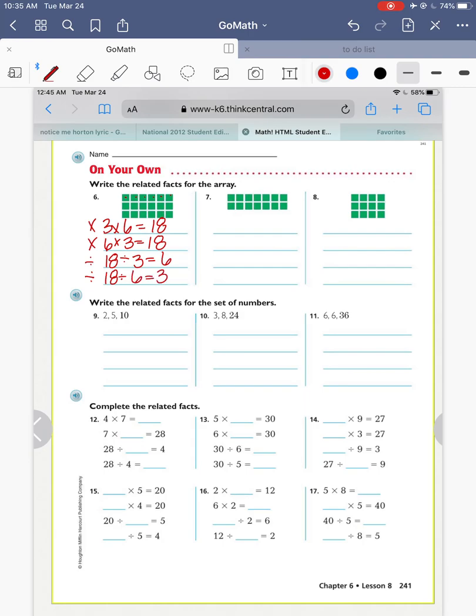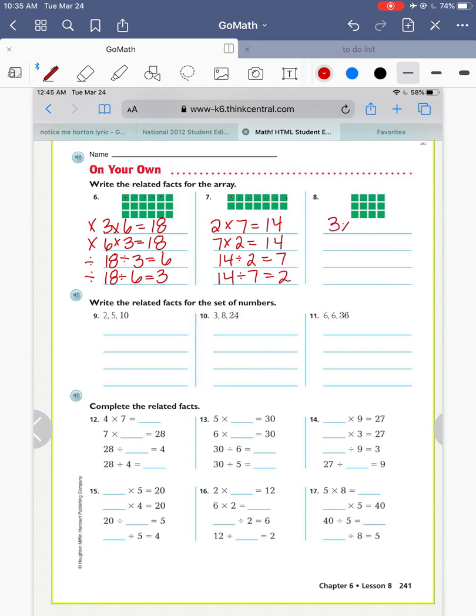Next one is 2 rows of 1, 2, 3, 4, 5, 6, 7. 2 rows of 7, which is 14. 7 rows of 2, which is 14. 14 divided by 2 is 7. And 14 divided by 7 is 2.